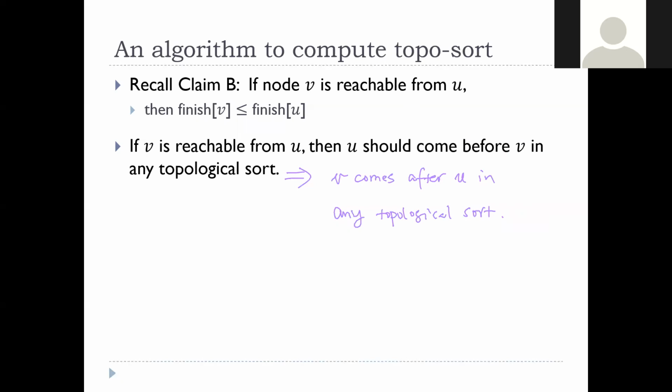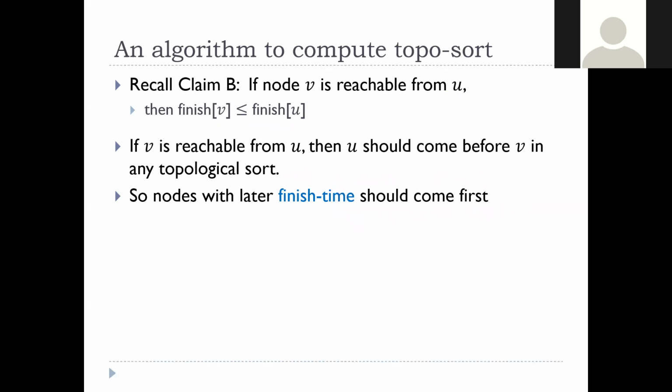So what does this imply? Well, I know that if V is reachable from U, then the finishing time of V is smaller than U. And I also know that in my topological sort order, V has to come later. So what this implies is that nodes with a later finishing time should come first in the topological sort order, or alternatively, nodes with an earlier finishing time should come later in the topological sort.